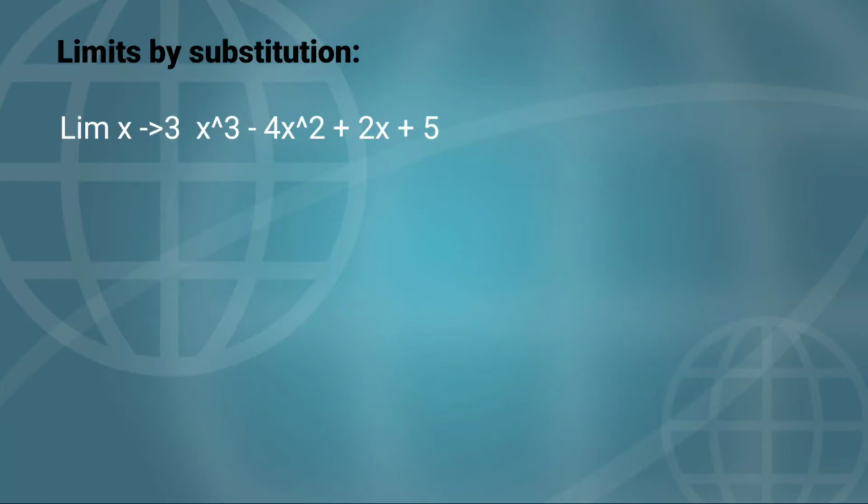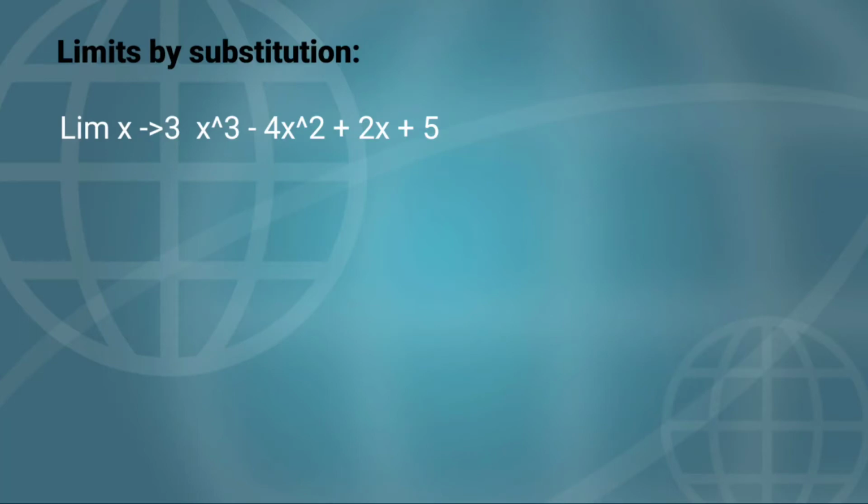Well, sometimes it's going to work out where we can just plug in 3 into this function and we will be able to get a real number answer. That will be the value of the limit because it's the value that the function approaches as x gets really close to 3.